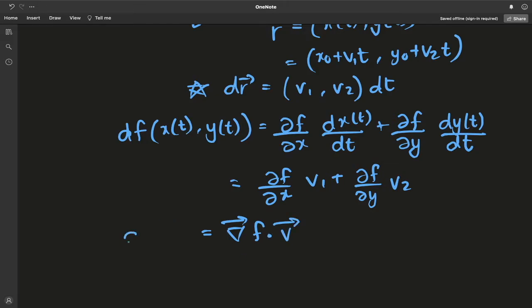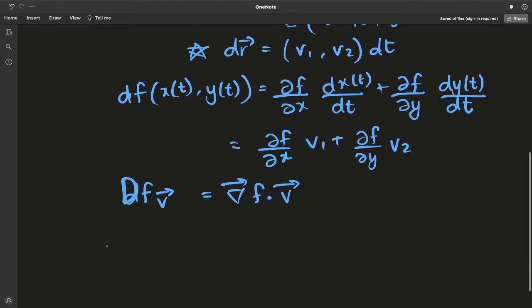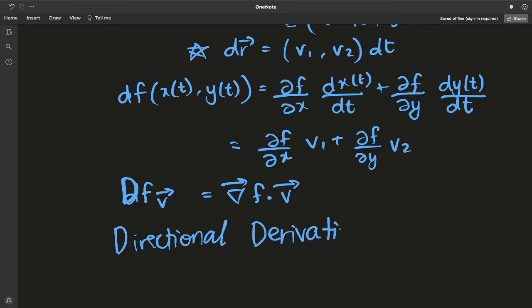I mean, if you want to write the small d as a capital, it's fine, it's all convention. So this is called the directional derivative of f in the direction of vector v.